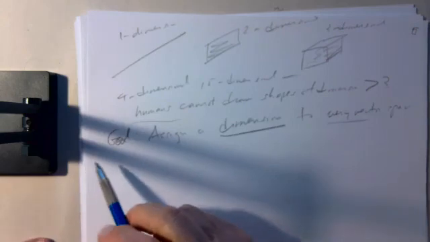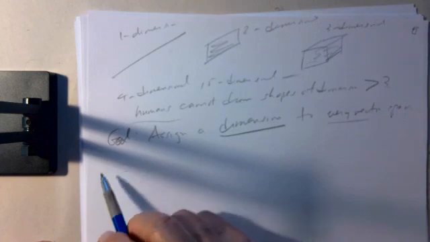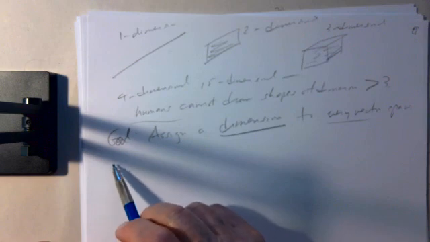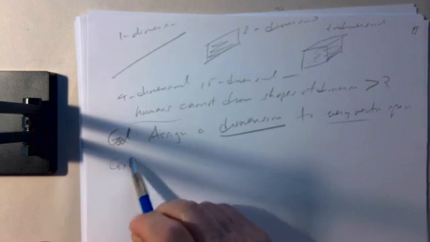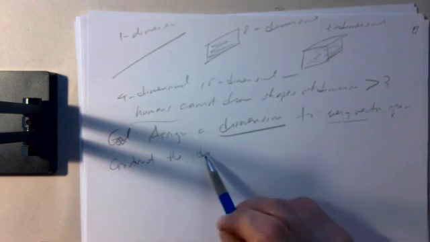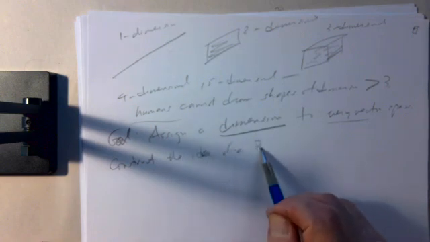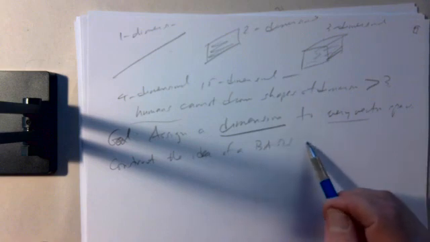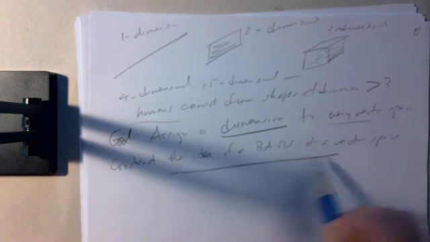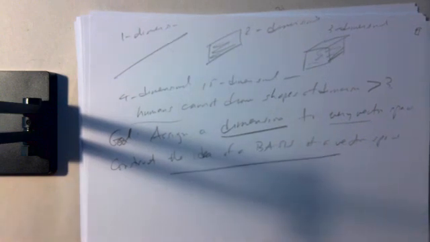And for that, we need to obtain or construct the idea of a basis of a vector space. So a basis of a vector space is going to be a set that generates the vector space and is linearly independent.